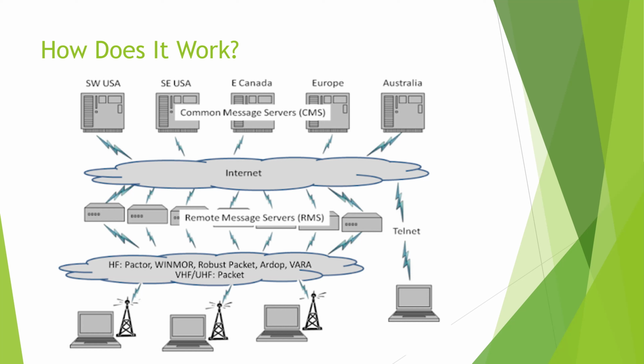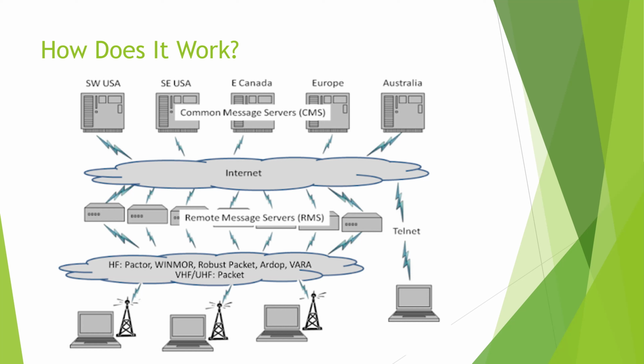Protocols between the clients and the RMS on HF are PACTOR, WinMor, which I don't think is really used anymore, Robust Packet, I also don't think they use that too much anymore, ARDOP and VARA. And then on UHF and VHF, Packet and VARA FM, which is not on this slide, but that's also one that's used.